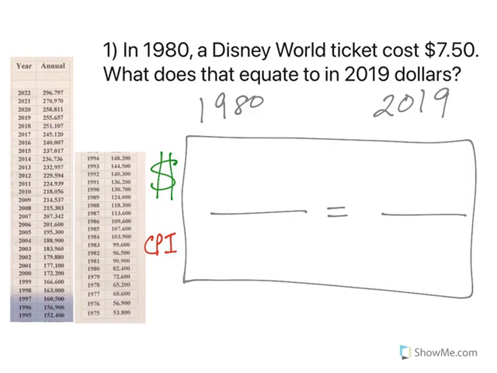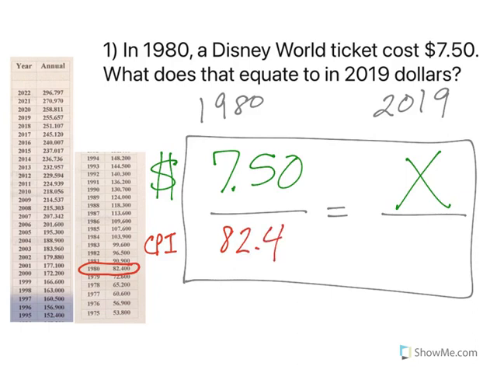Now, I know that in 1980, the Disney World ticket cost $7.50. So that's in the top on the left. What does that equate to in 2019 dollars? I don't know. For CPI, I go to the table. So 1980 is 82.4, and 2019 is 255.657. Now that I've created my proportion, easy peasy lemon squeezy, right?